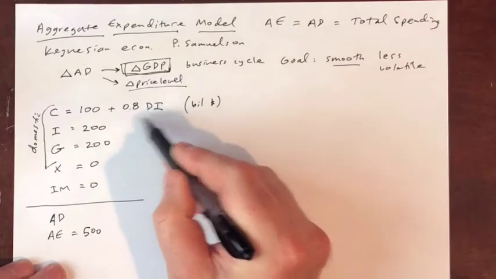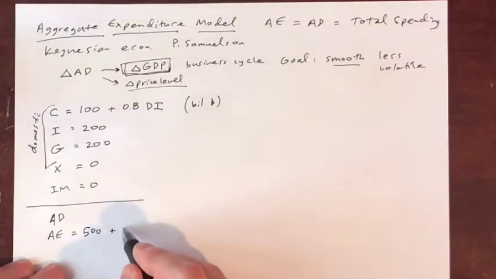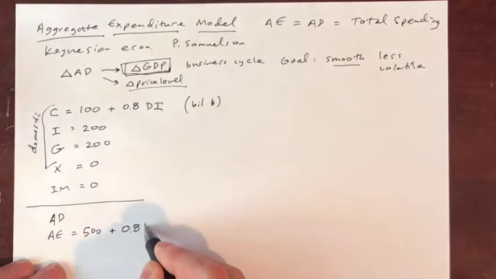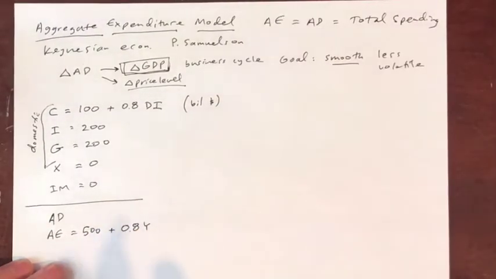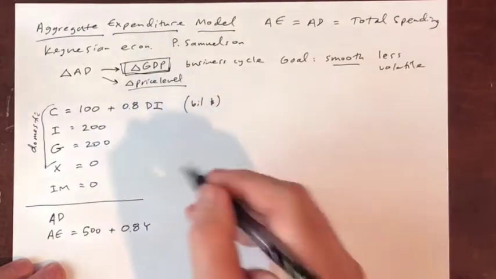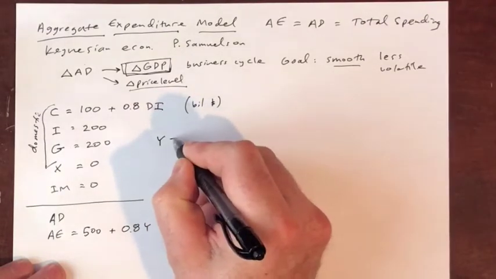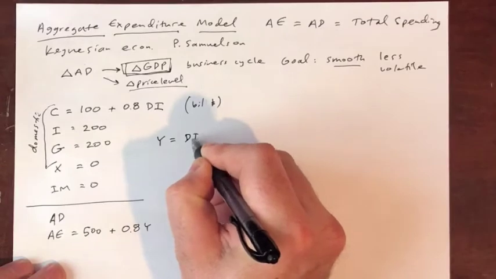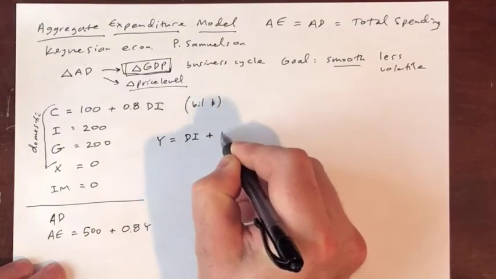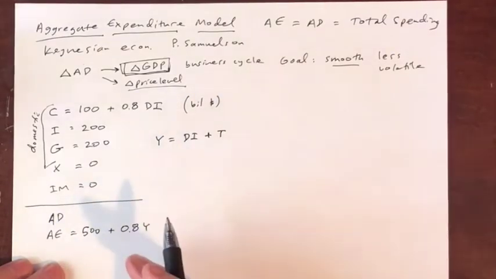And then we have this other term, 0.8 DI, and we're going to call that 0.8 Y. How can we turn DI into Y? You might recall that total economic income, Y, is the disposable income, DI, plus taxes. We get disposable income by deducting taxes.